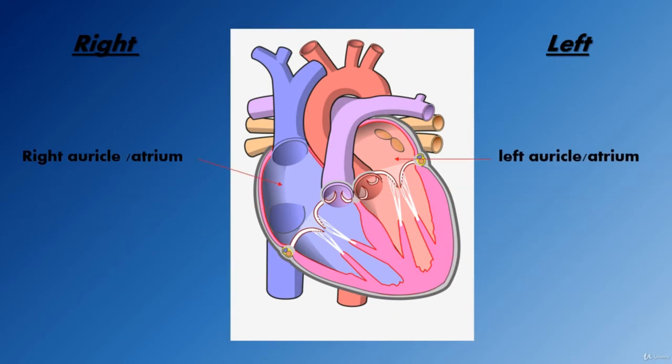Some also call them atriums, and they are characterized by an entry door by which the blood enters the hearts. The second bedrooms are called ventricles, and they are characterized by the exit door by which the blood leaves the hearts.